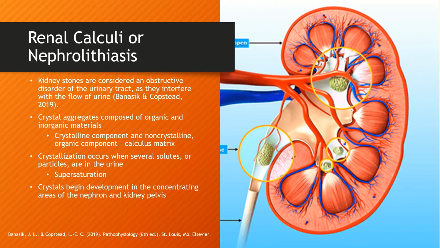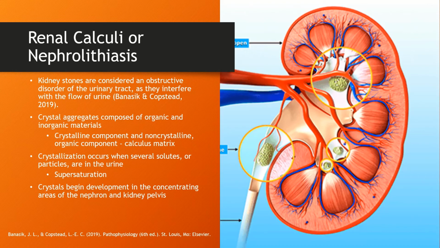Crystallization occurs when several solutes or particles are in the urine. Then the urine will become supersaturated, meaning that certain solutes or particles will form crystals if their concentration within the urine is too great.